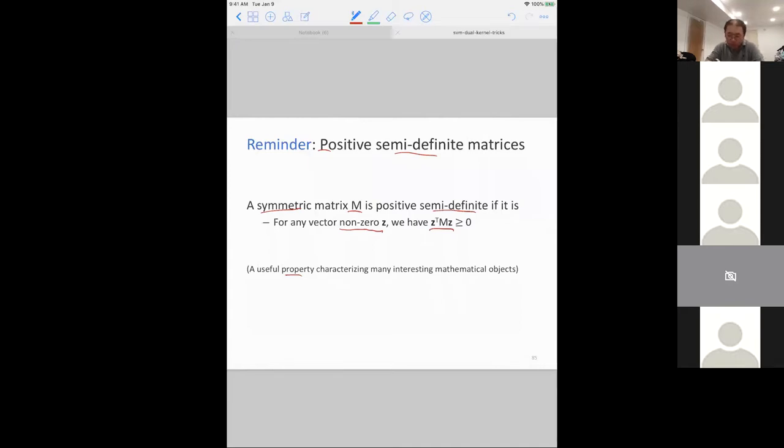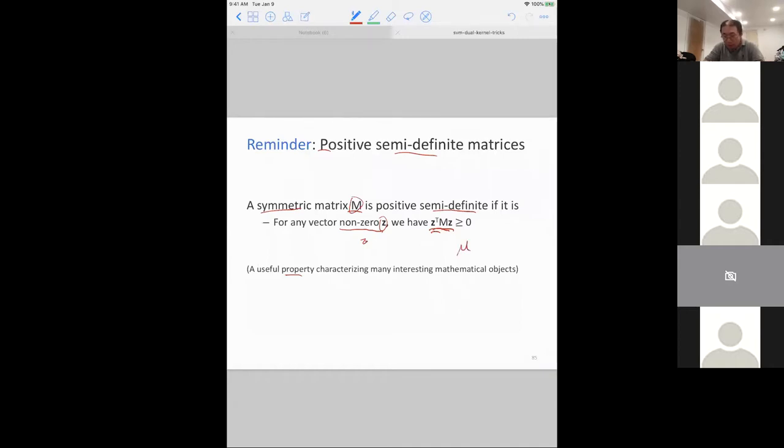If z is full of zeros, of course this quadratic term is zero. But as long as there is one non-zero element in z, we call it a non-zero vector. If for any such non-zero vector z, we can show that z transpose Mz is no less than zero, then we call the matrix M positive semi-definite.